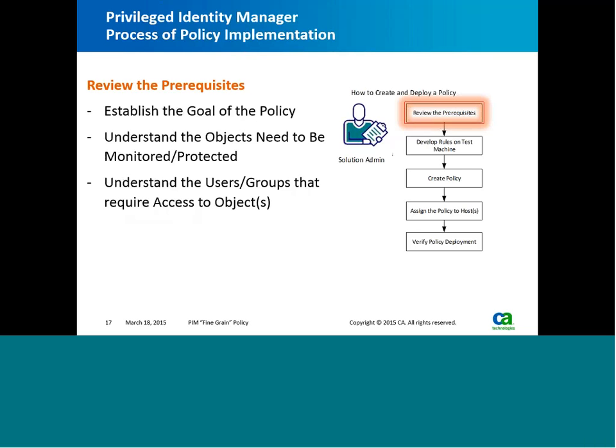Again, this goes back to making sure that you inform the SAs, the business owners, the application owners of what you intend on doing, and find out, is there anybody else that should have access to these resources? Now, as I said earlier, we are putting the rules in warning mode, but I always like to at least let those individuals know what we plan on doing, because I don't like surprises. The fewer surprises, the better.